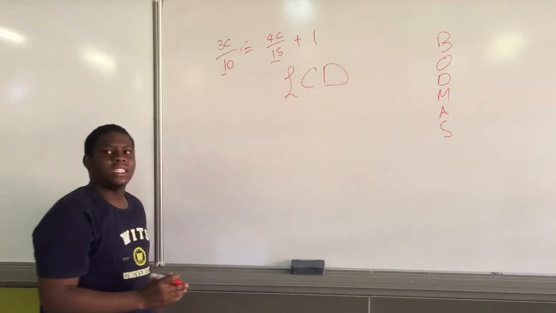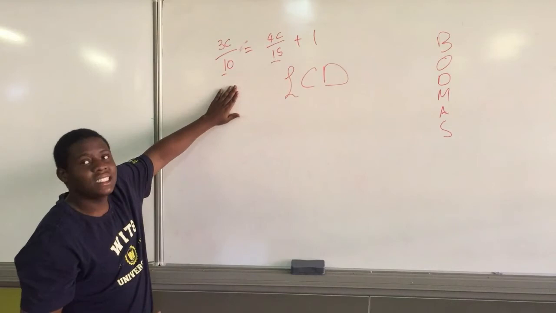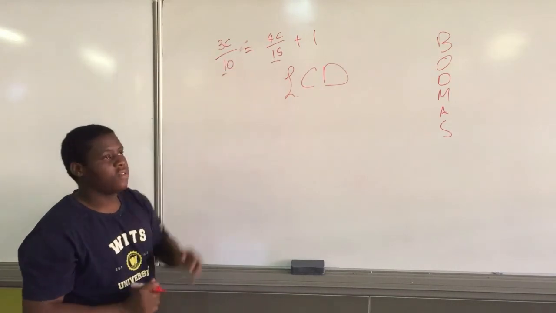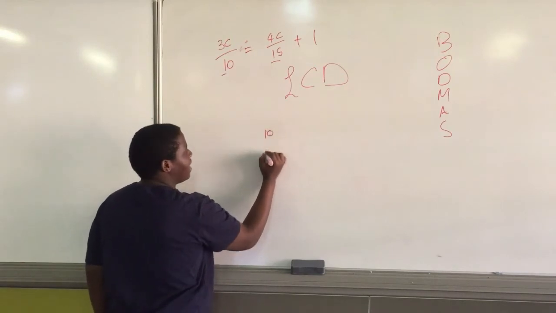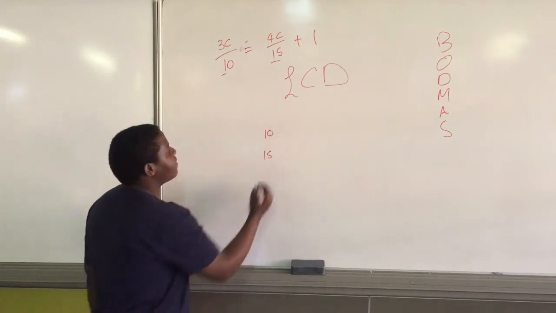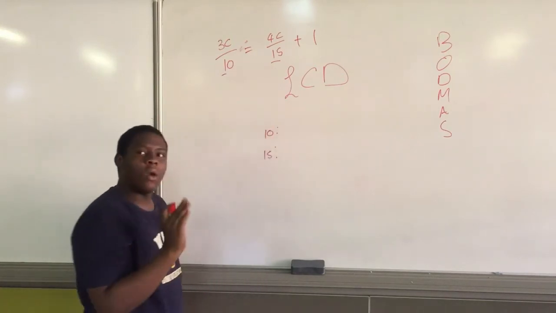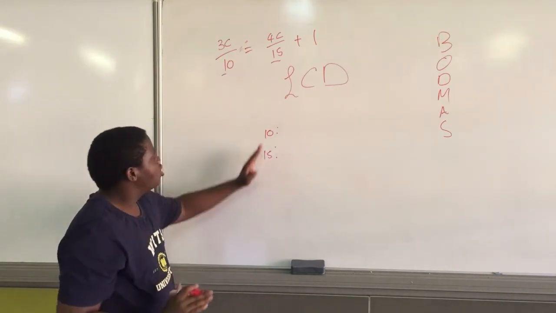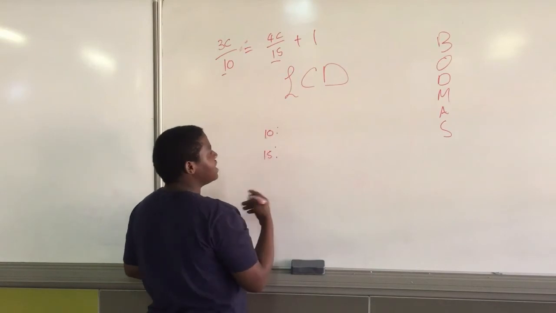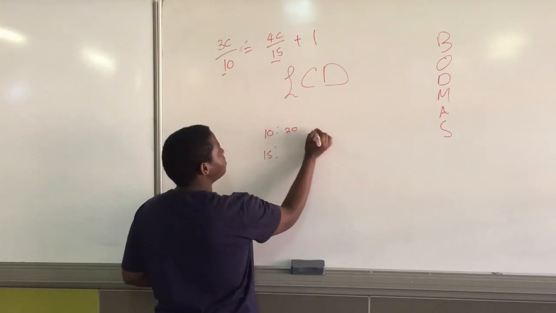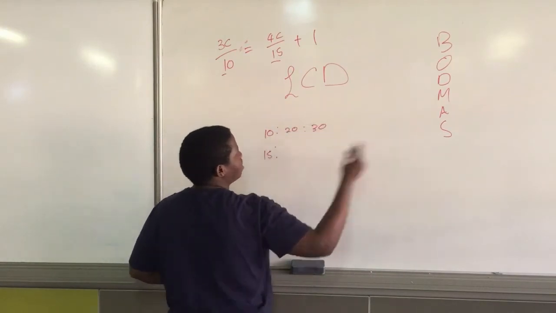When you have an equation like this, you need to find the LCD because it's going to help you to solve the equation. So now how do we find the LCD? We have 10 and 15. We just need to find the multiples of 10 and 15, where there will be one that is the same. So we'll start from these numbers. We'll have 10, 20, 30, just going like that.